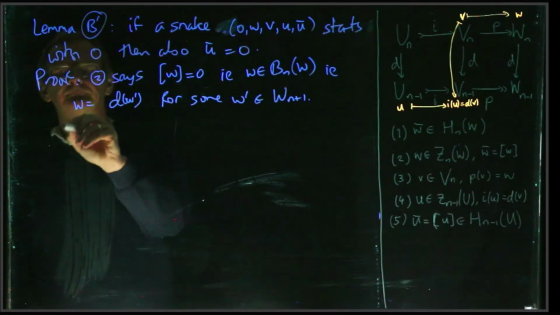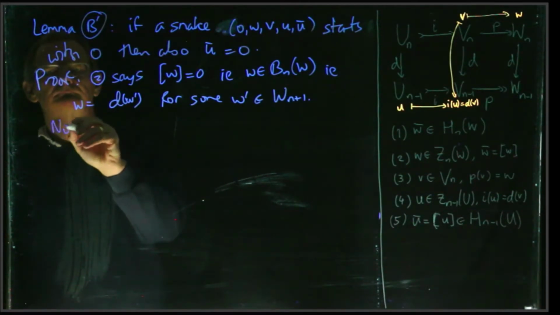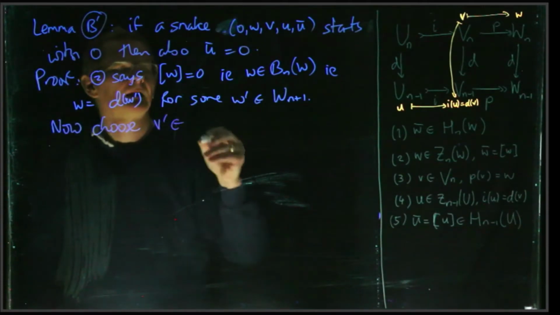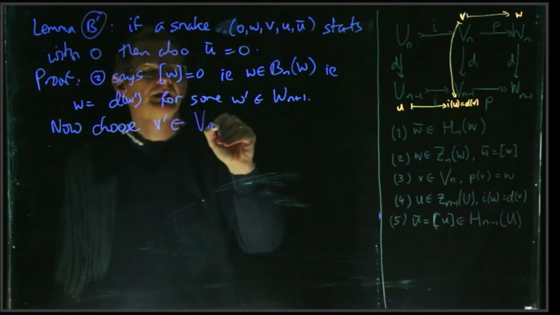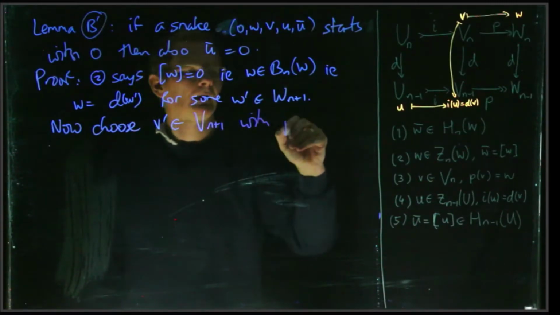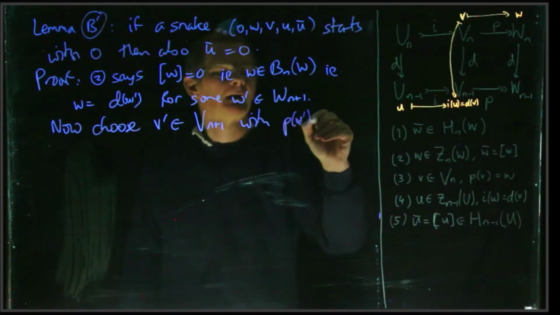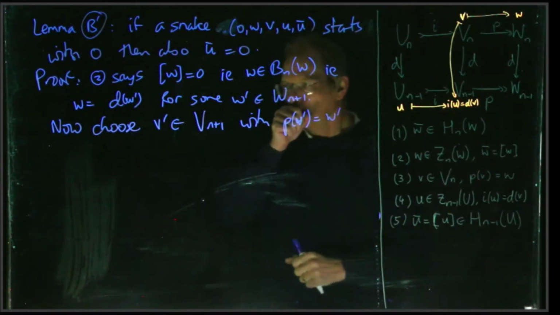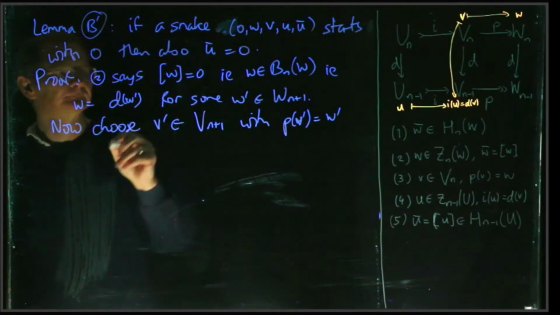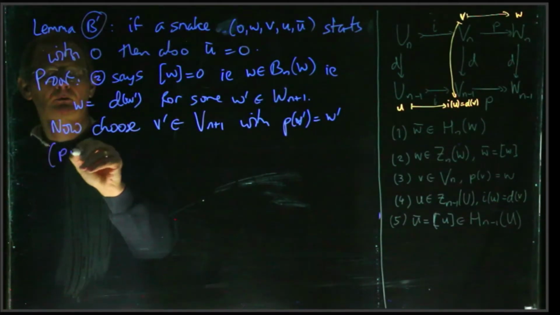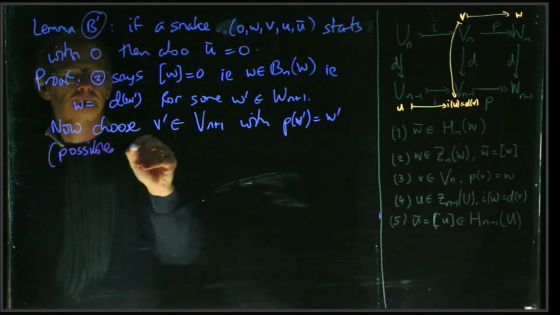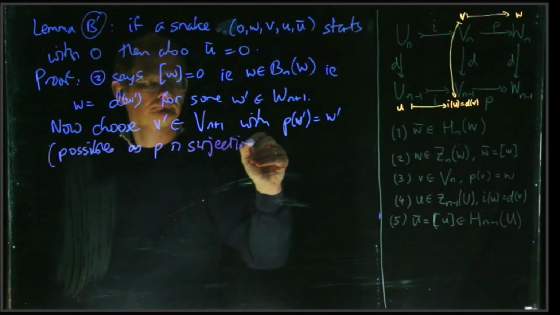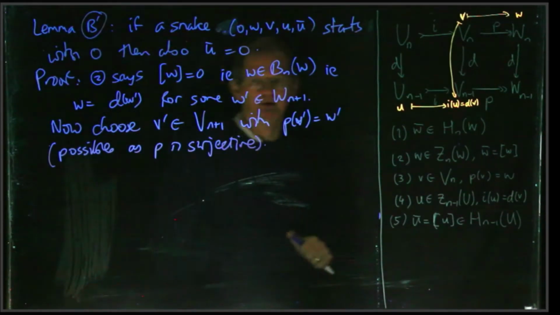Now let's choose some V prime lying in Vn plus 1 with P of V prime equal to W prime. P is surjective, so we can do that.